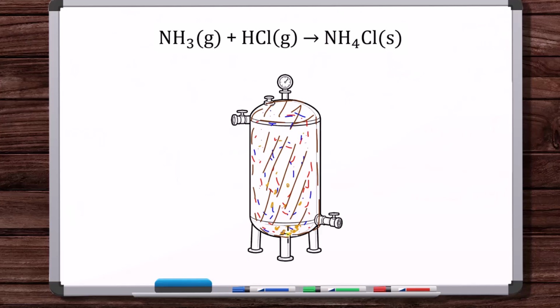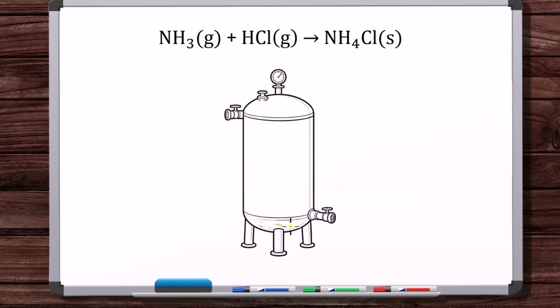So in that case, when the reaction is complete, is the system boundary still the inner walls of the container? Well, no, it's not, because there's no gas left in the container. What you would be left with is just all of this ammonium chloride that's settled to the bottom.